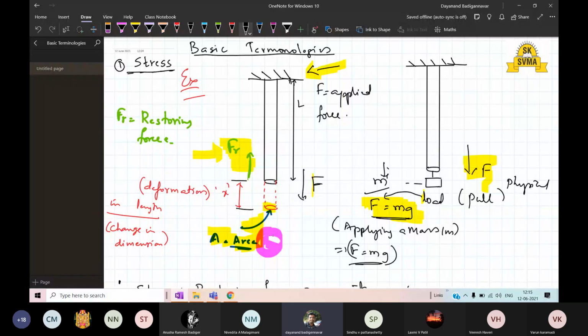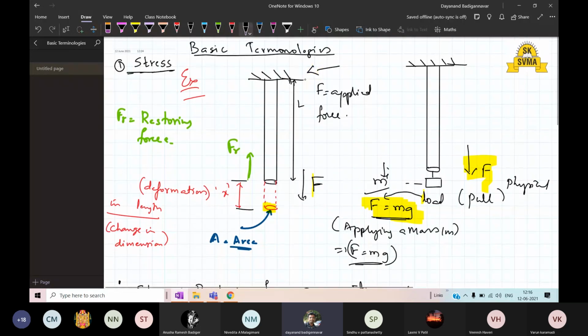This is the force that I have applied. So by applying the force, there is an increase in the length of the wire. Length of the wire is the dimension of the wire. The dimension of the wire is changed. Length is one of the dimensions of the wire.